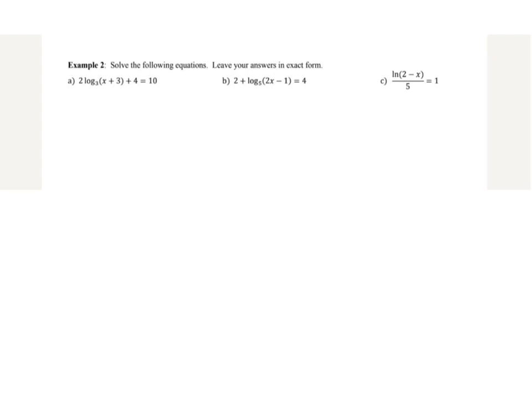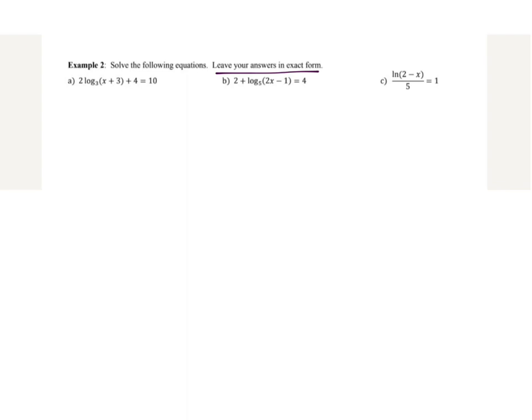Okay, so this is going to go the other way. We're going to do the same thing. Leave your answers in exact form. But these are all logs that we're going to turn into powers, exponents of some sort, right? All right, so we've got 2 log base 3 of x plus 3, plus 4 is 10. We want to isolate the log. Not first.